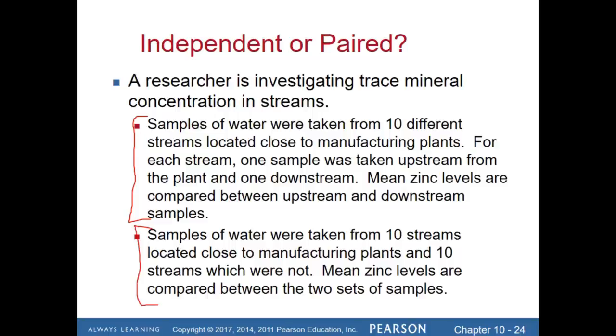Whereas down here, yes, I've got 10 samples from streams close to plants and 10 samples from streams not close to plants. But with the information that I've got provided, I don't have any way to logically pair a particular stream from the close group to a particular stream from the not close group. There may be something out there that we don't know about, but with the information I'm provided, I really don't have any way to match those up.